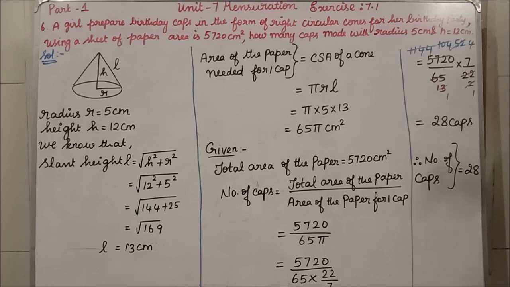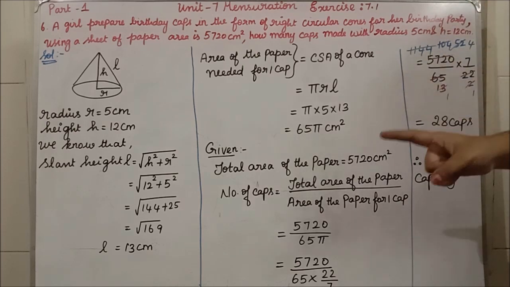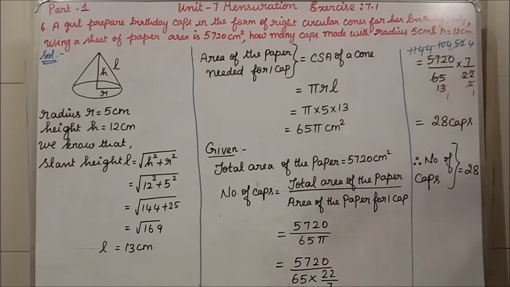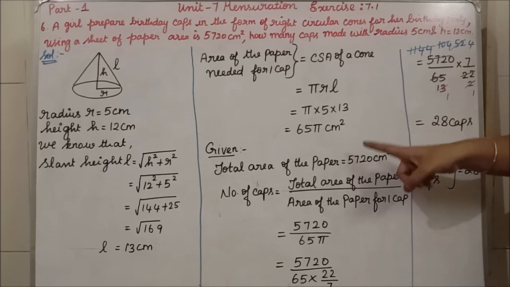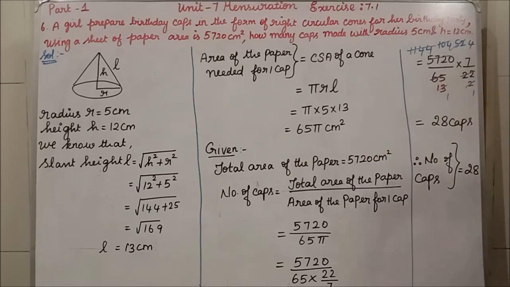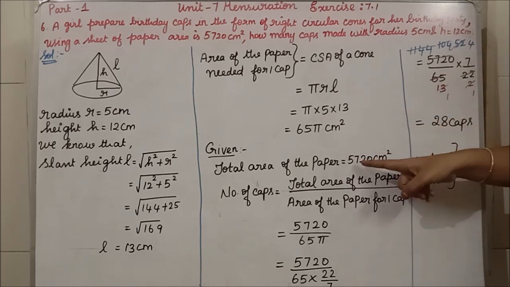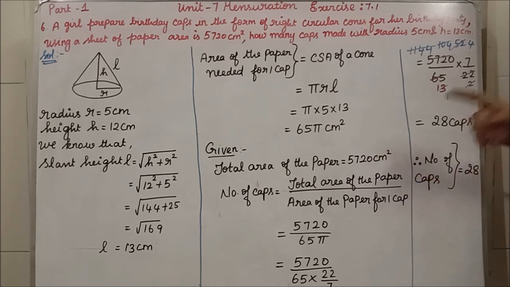But what we have to find in the question is how many caps she is going to prepare. That is the question. The total area of the paper she has taken is 5720 centimeter square.